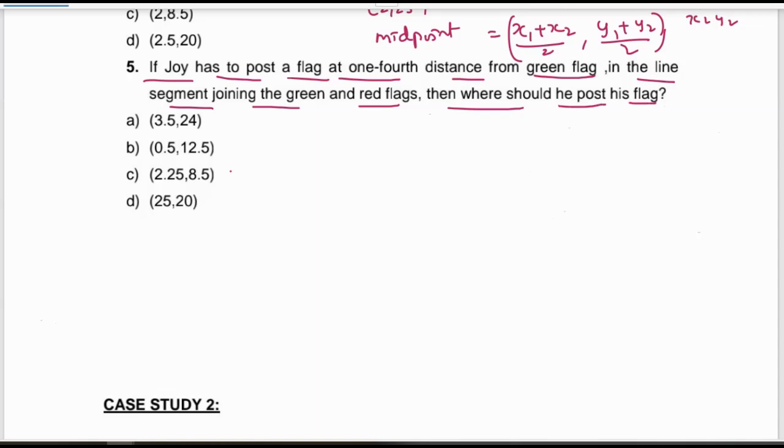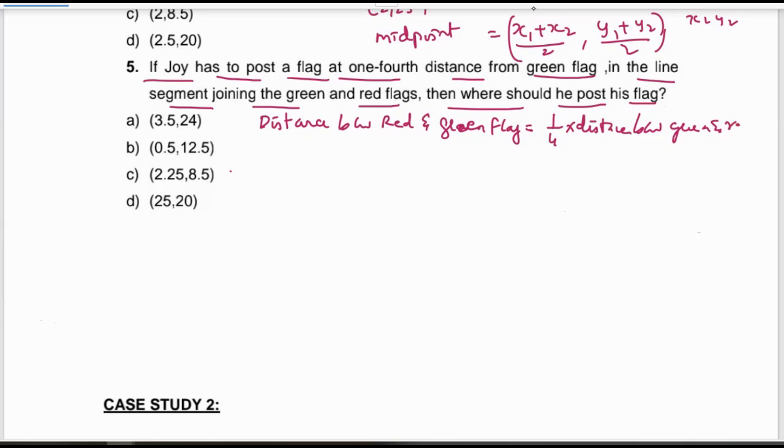So to find this, it is given that we have a distance between red and green flag. The green flag is taken as 1 by 4th of the distance between green and red flag.